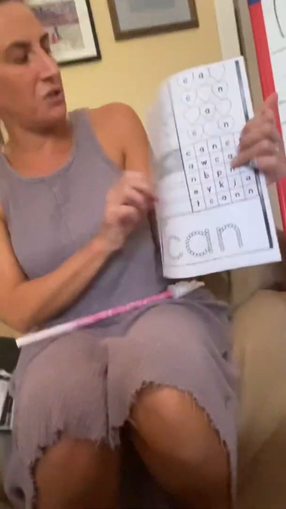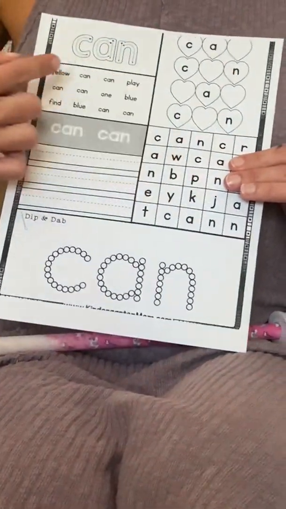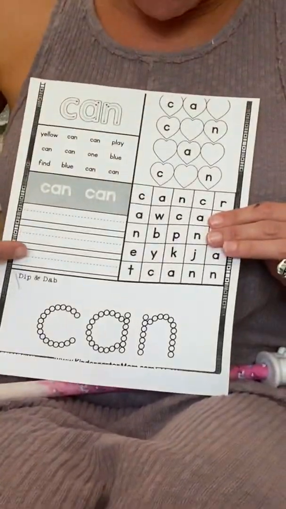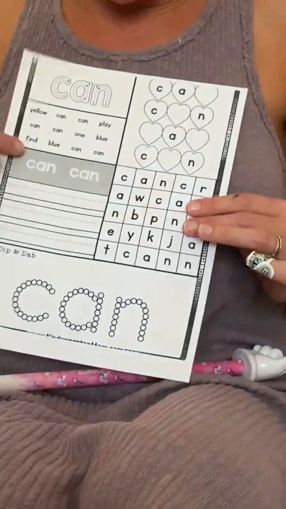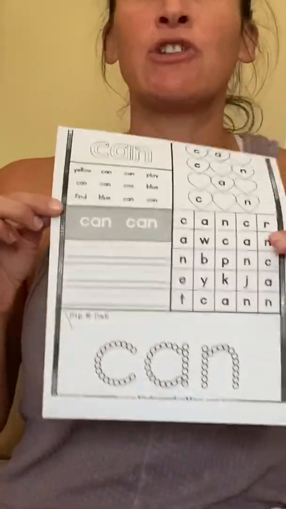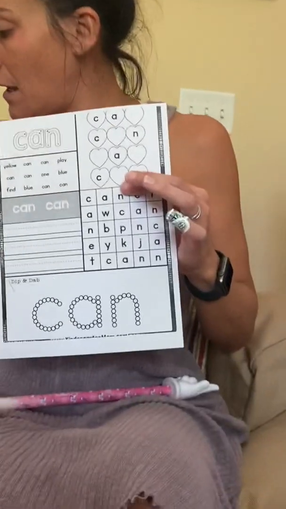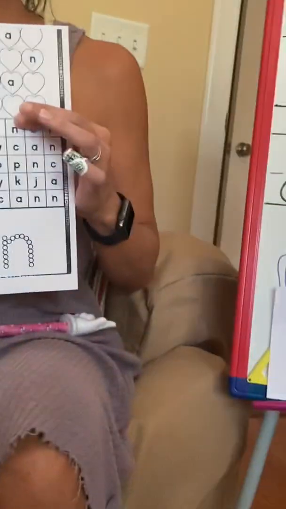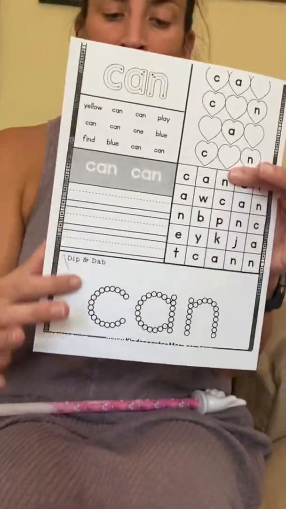Okay, what I want you to do is trace the can, write it, circle it, write it down here. Okay, and then you can just color these in down at the bottom. All right, we need to be familiar with this word. And tomorrow we're going to read and color in the book that goes with this. Family fun. Okay, but we'll do that tomorrow. Today, you're just going to go ahead and do this.